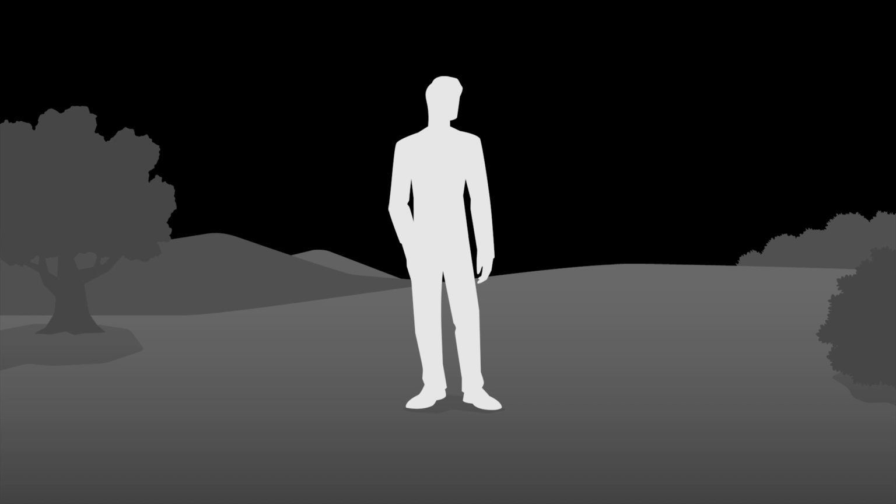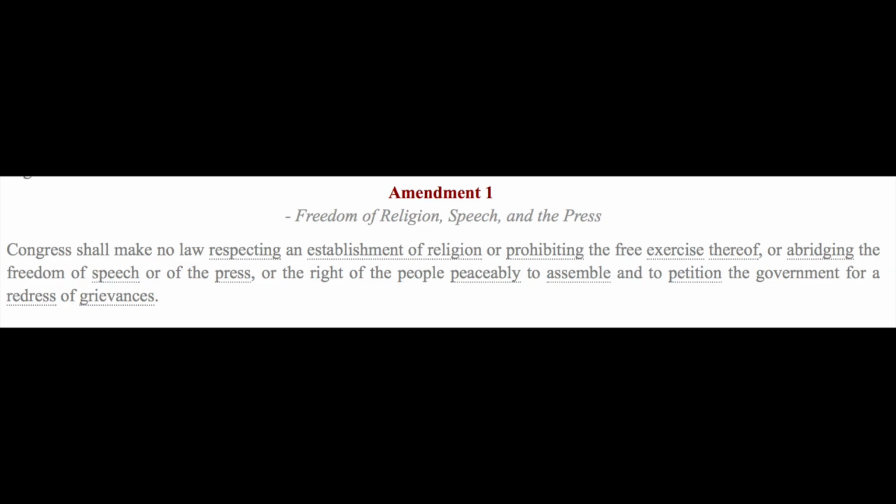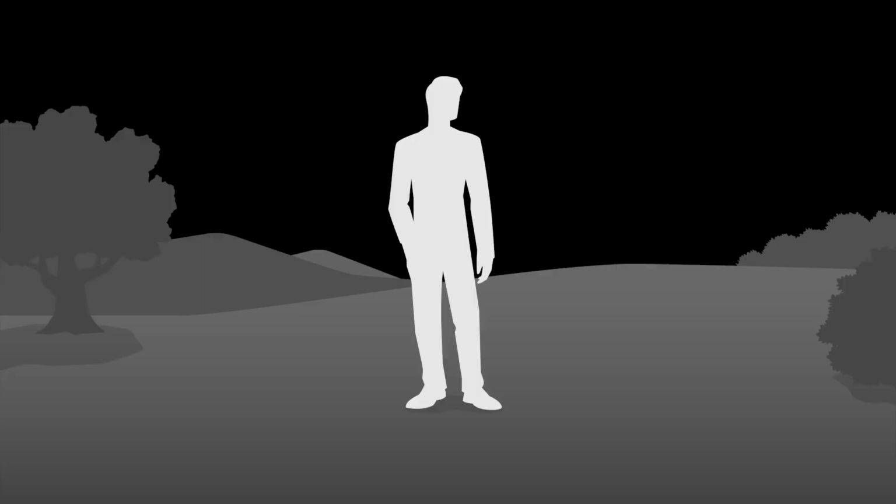Now, this sounds a lot like the First Amendment, the freedom of religion. However, it's actually better, because if we look at the First Amendment, it says, Congress shall make no law respecting an establishment of religion, or prohibiting the free exercise thereof, and so on and so forth, and then it goes into free speech.